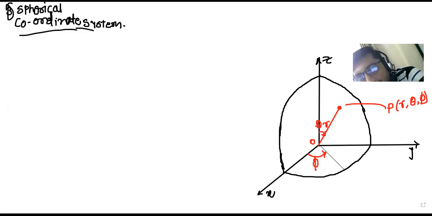Is that clear? So value of phi would be same for cylindrical coordinate system and spherical coordinate system. Right? So with that note, let me move ahead for unit vectors.